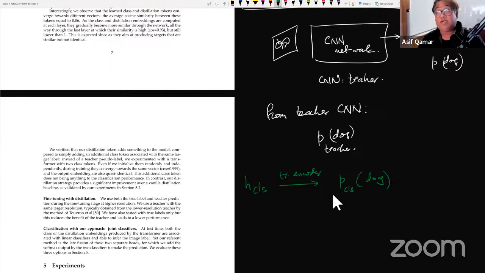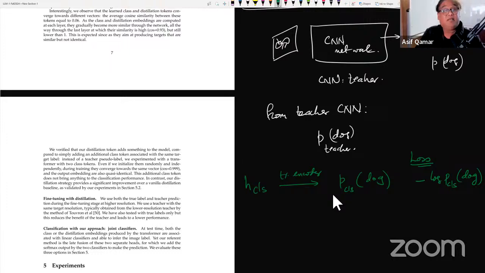Now, because we know that it is a dog, I can use a loss function, your standard negative log likelihood, cross-entropy loss: minus log probability of CLS of a dog. Why is that important? Because if it is a dog, the probability that it's a dog should be 1. Then the log of 1 will be 0, meaning no loss, no mistake.